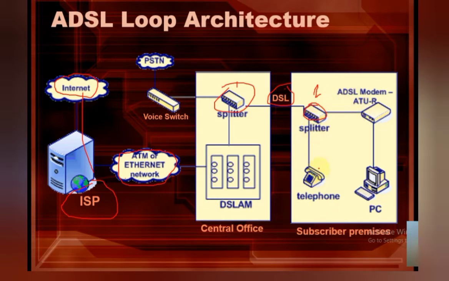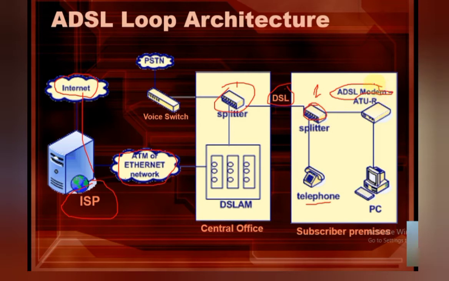Each splitter is connected with a telephone line here. So you have to connect your telephone line. And the other thing is the ADSL, the asymmetric digital subscriber line modem. This is a modem.